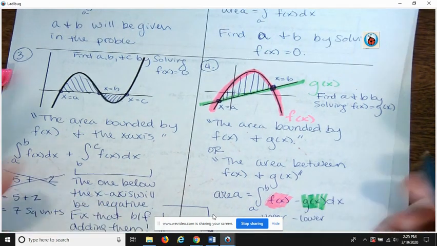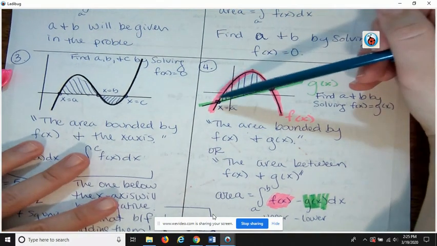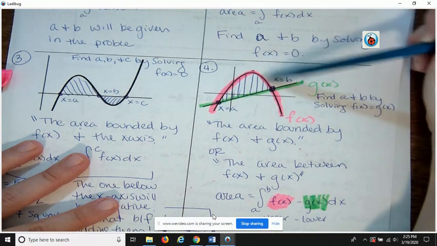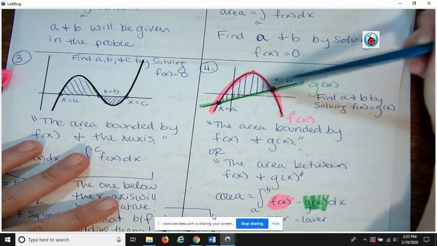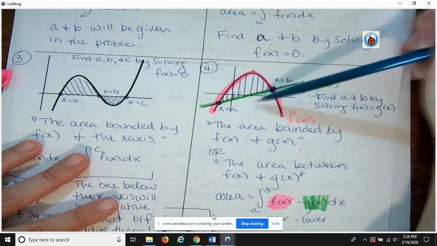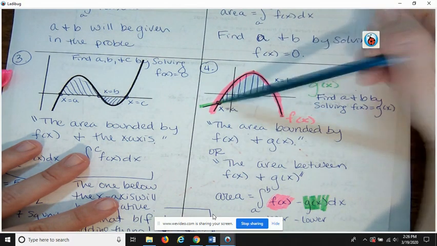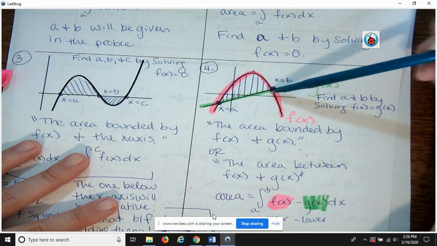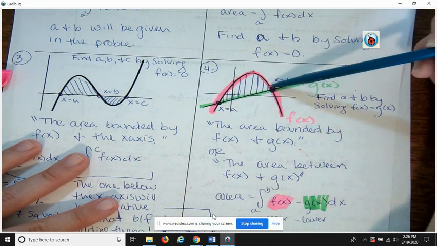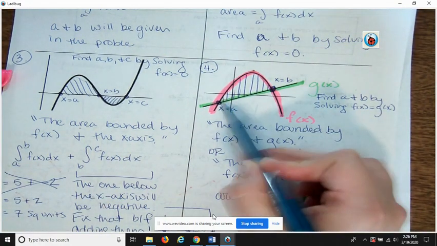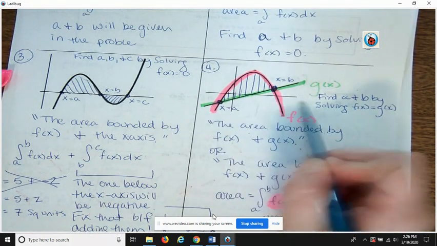Basically, you're saying, I'm looking at the area under the pink curve right here, and I'm taking all of this, which would include this little gap right here. Technically, if we went from a to b, it would be all of this stuff here, and then we're subtracting off everything that's beneath this green piece right here.